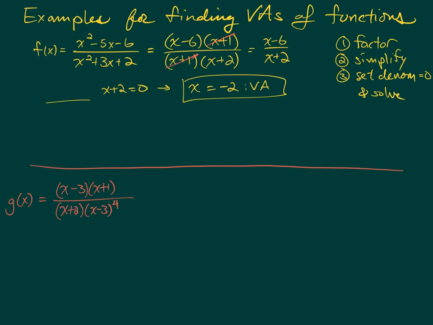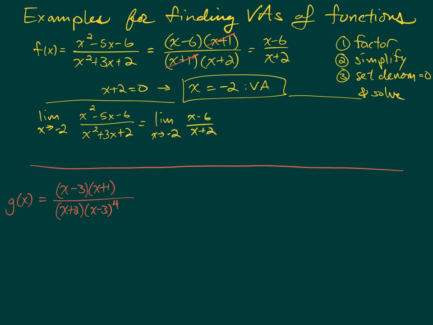And just as a note, if you go back and look at the definition of what a vertical asymptote is, if you look at the limit as x approaches this value, negative 2, of the function x squared minus 5x minus 6 all over x squared plus 3x plus 2, we already know that simplifies to the limit as x approaches negative 2 of x minus 6 over x plus 2 via this simplification up here.